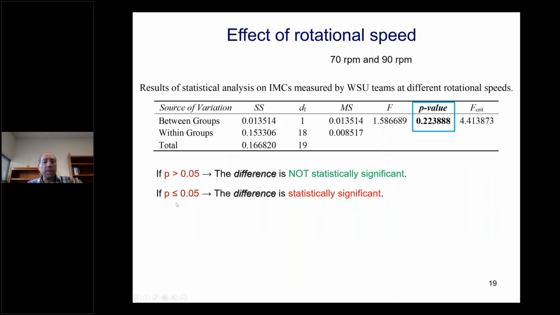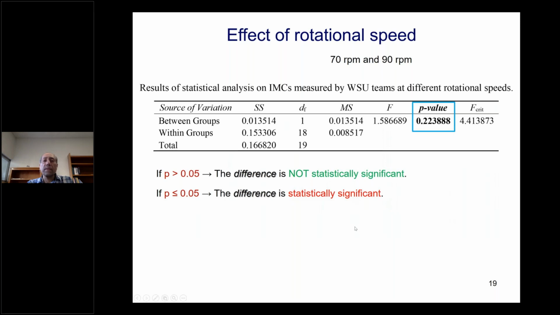But if p is equal or less than 0.05, the difference is statistically significant. In this case, it is much more than 0.05, so it shows that the difference is not statistically significant. As a result, we can say about 20% change in the rotational speed doesn't have any significant effect on the ice melting capacity results.